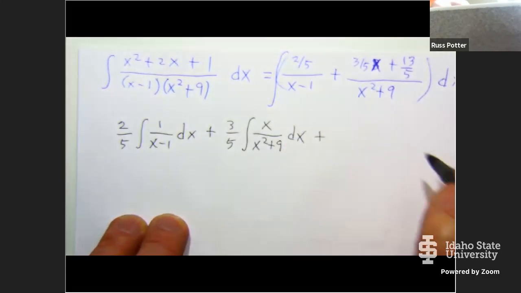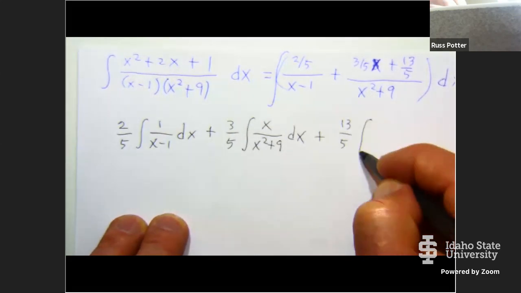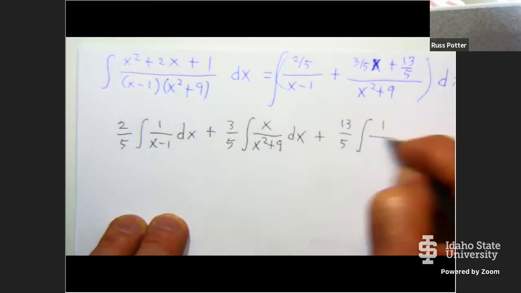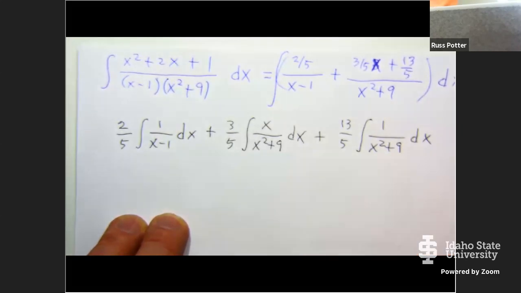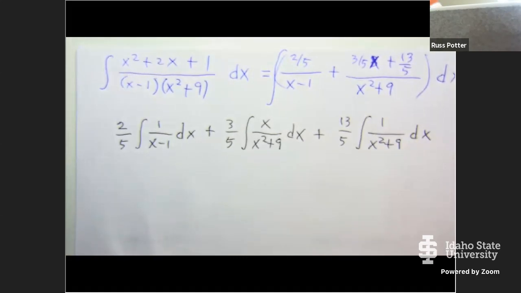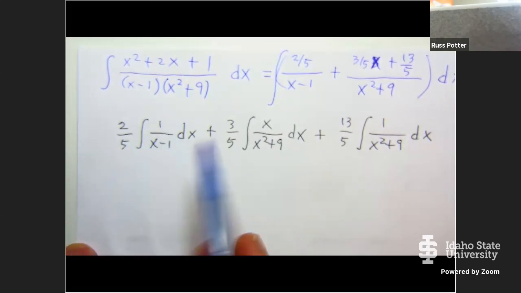And then the third one, plus 13/5 times the indefinite integral of 1 over x squared plus 9 dx. Okay, we know how to evaluate each one of those. So the one on the left, the indefinite integral of 1 over x minus 1, what's that?